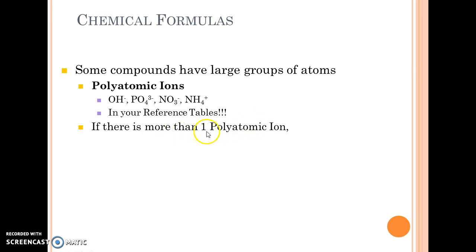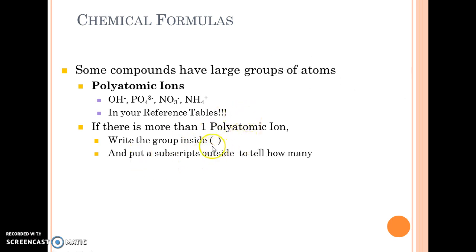If we have more than 1 polyatomic ion in a chemical formula, the group will be written inside of parentheses. After you have the parentheses, there will be a subscript on the lower end of the right parenthesis that will let you know how many ions there are in that chemical formula.